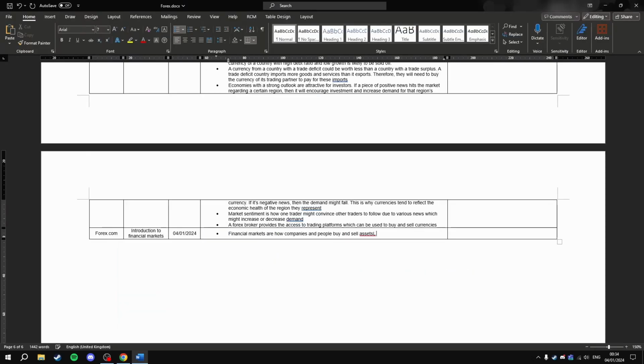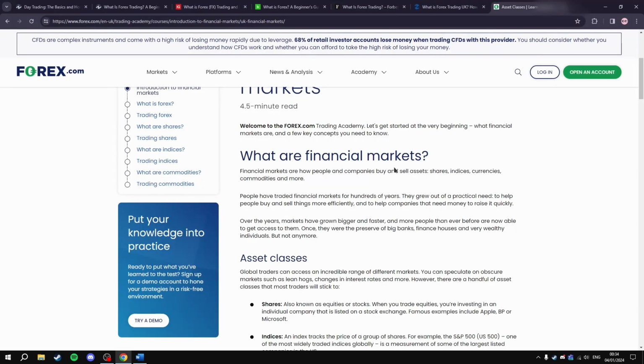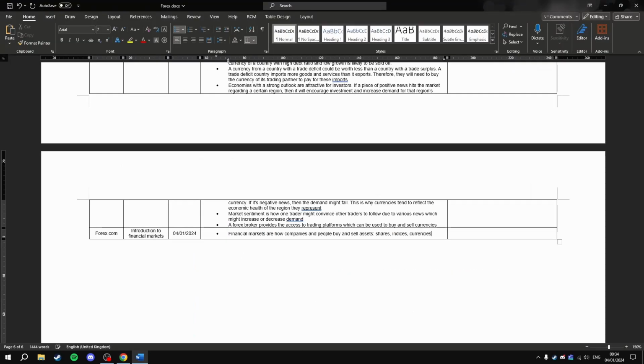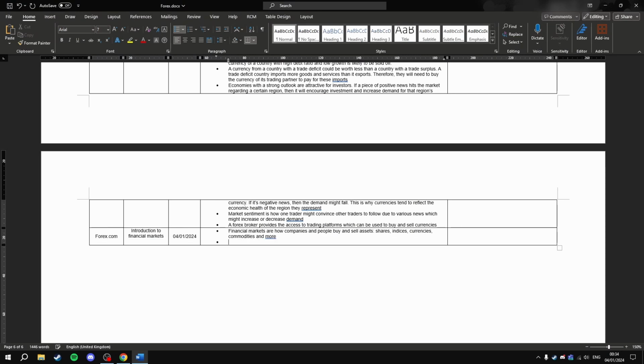Oh, so these are assets, so shares, indices, currencies, commodities, and more.